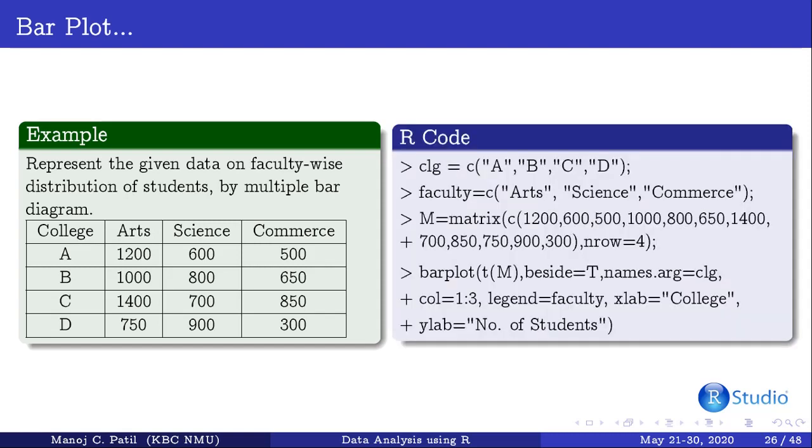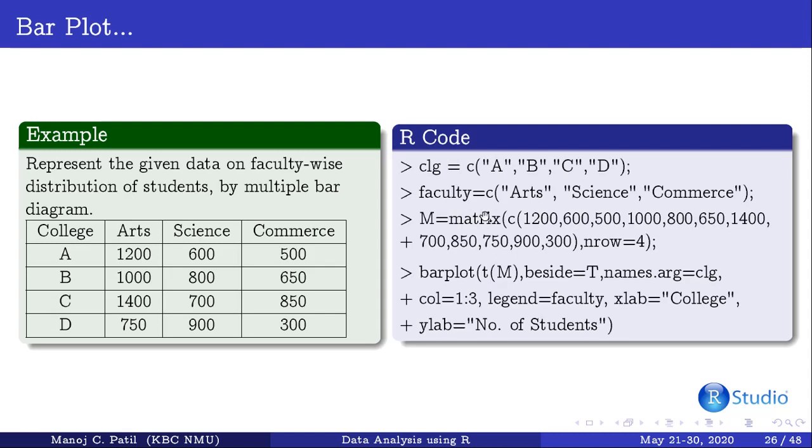So we want to plot this. So first we have to use college. So CLG is a variable storing 4 names of those colleges. Then faculty is a variable containing 3 faculty names. Okay, we will put this table in a matrix.